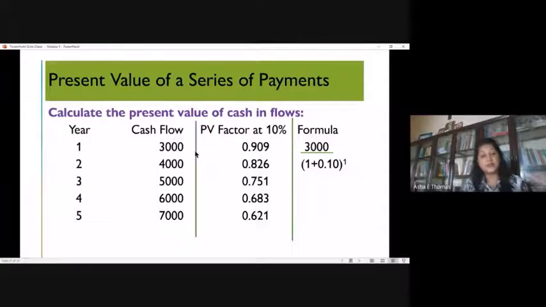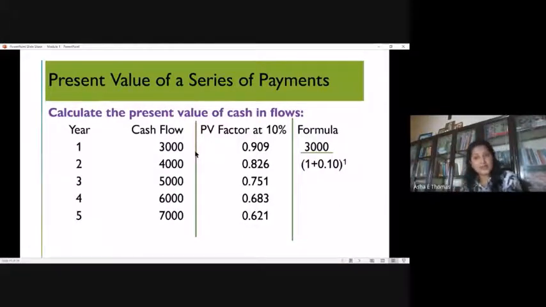Same as the case with 6,000 and 7,000. When I add up all that, I will get the present value of the series of cash flow today, in the present time period. That is one method, where I'm just taking the value from my present value uneven cash inflow table.